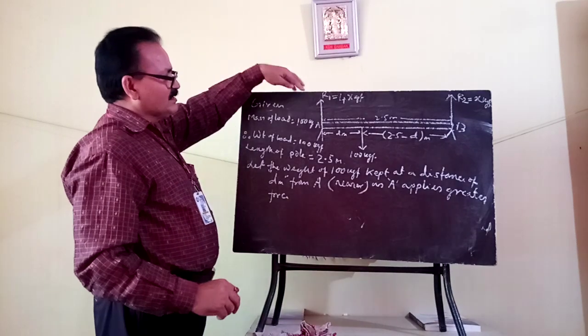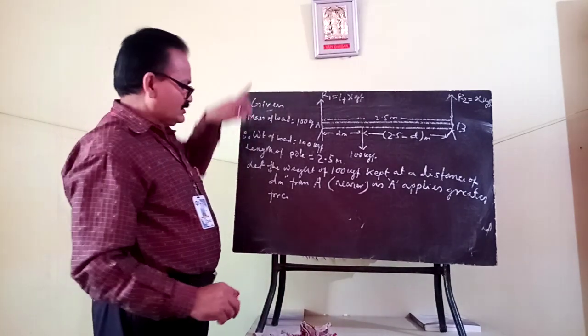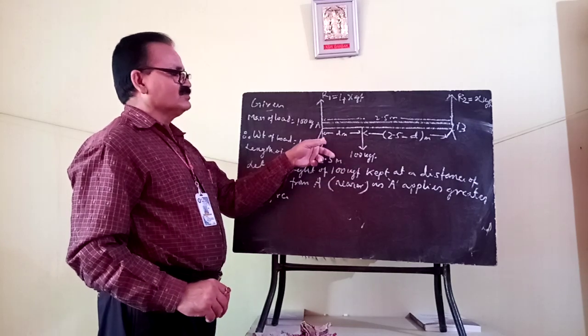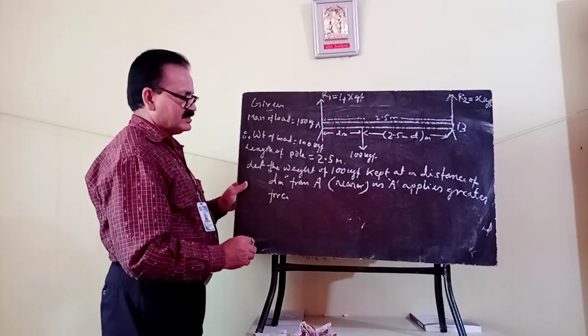As A applies 4 times greater force than B, the load is nearer to A. Say it is d meter.